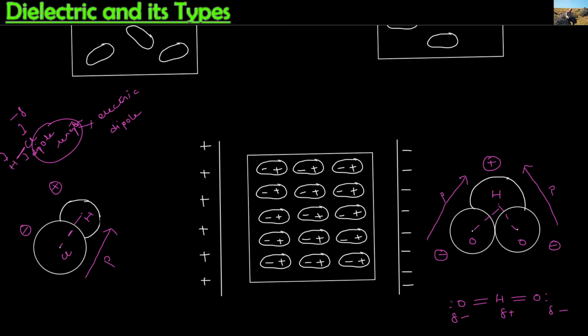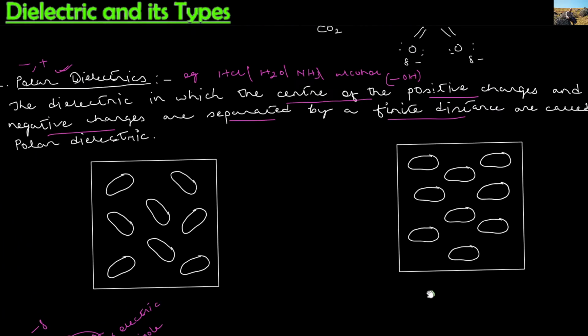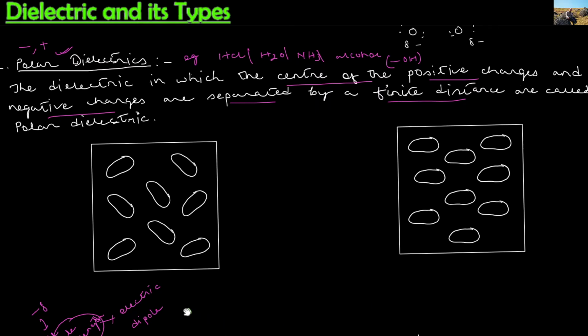So when you have these types of dielectric substances, suppose in the absence of an electric field, when E is equal to 0, what will happen?